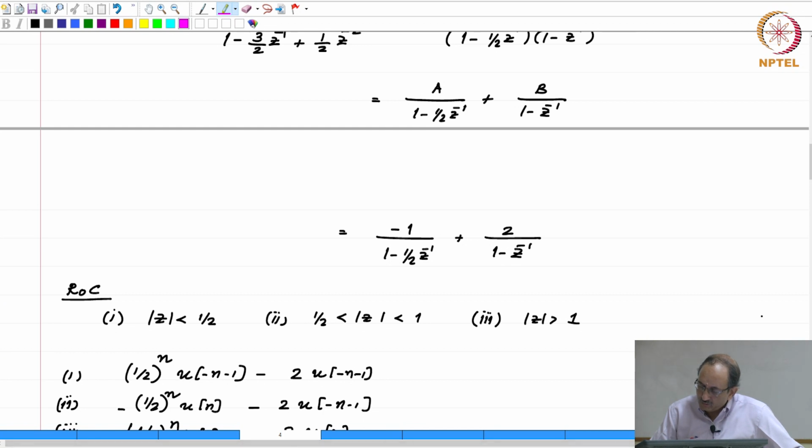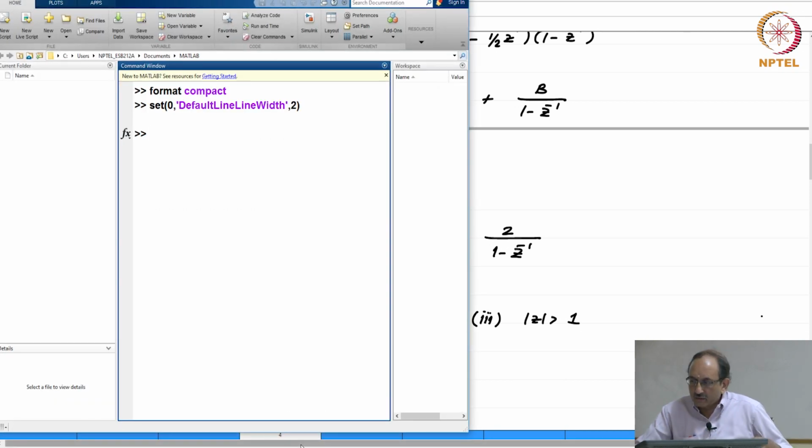And just to illustrate this particular example in MATLAB, the general form is R, which stands for the residue, P, which stands for the pole, and K stands for the quotient term.